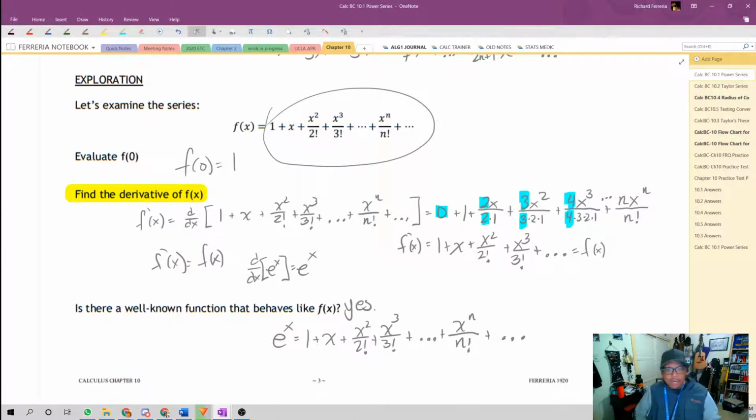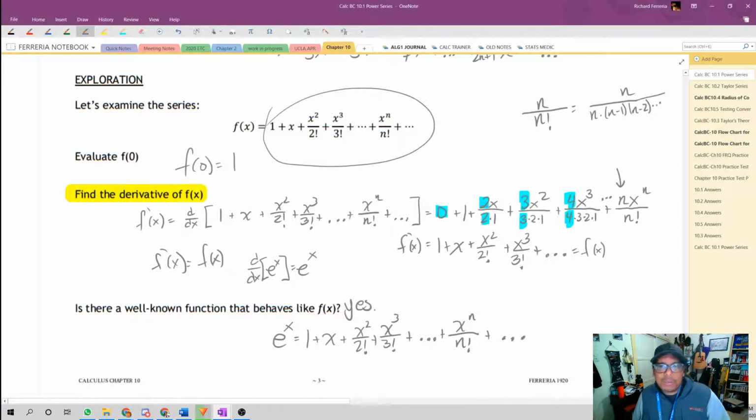And while we're at it here, we should probably simplify this term right over here. So if I have n over n factorial, I can expand that to n over n times n minus 1 times n minus 2 times n minus 3, etc. Like in the previous, or what we just saw, those n's can cancel out.